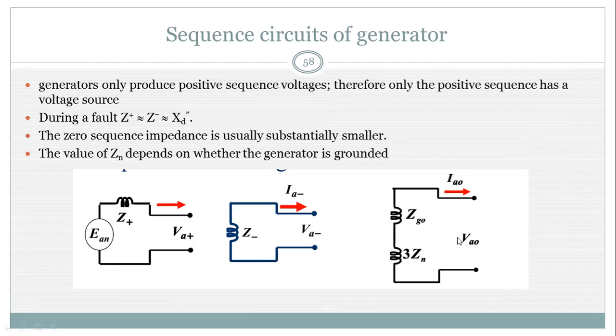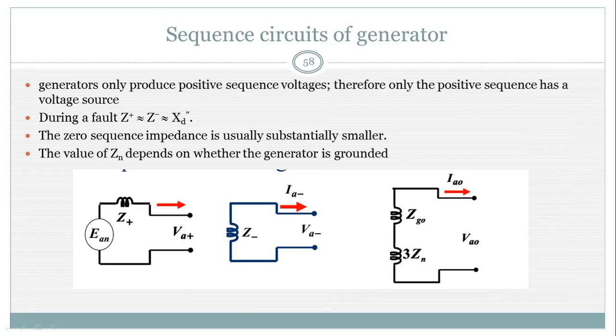And this is the zero sequence current, and this is the zero sequence terminal voltage. Here also there is no symbol of source, because the electromotive source symbol is only present for the positive sequence network.